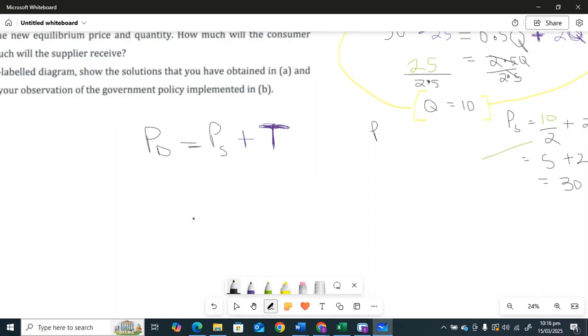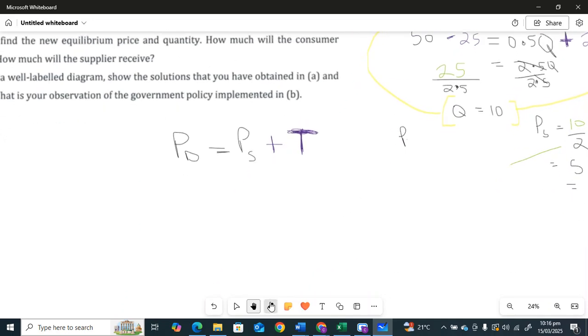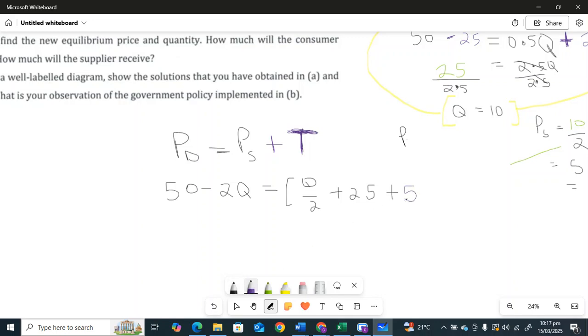So our demand is still 50 minus 2Q equals Q over 2 plus 25 plus the tax 5 kwacha. 25 plus 5, 30.